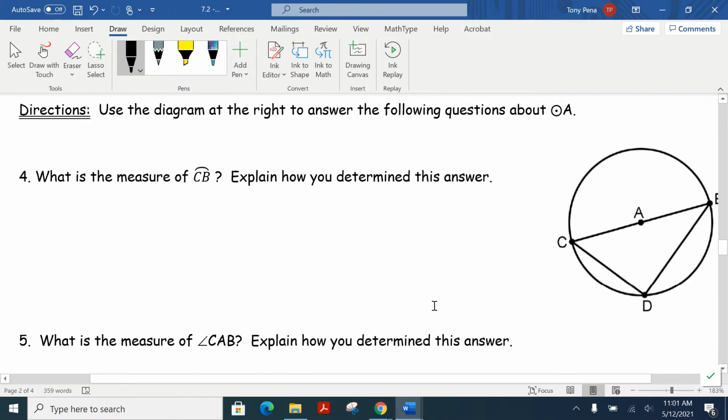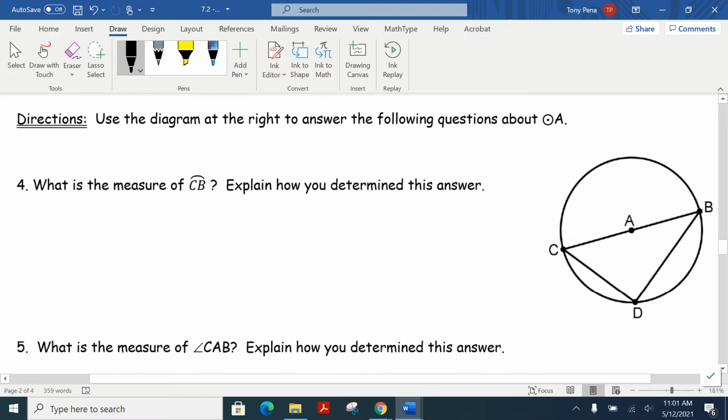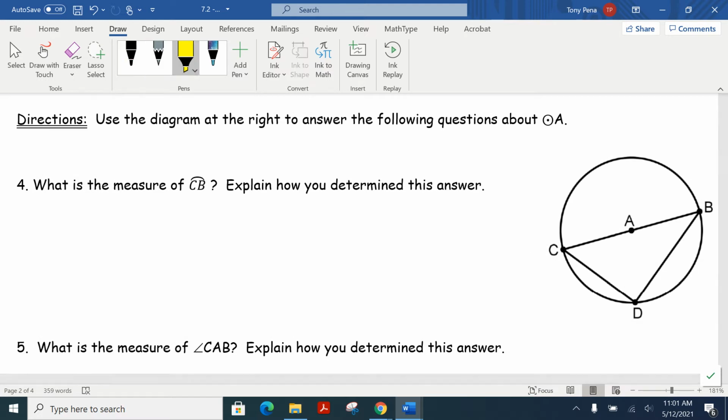The next thing we then want to understand, if we go to this picture here, it says use a diagram at the right to answer questions about circle A. And the first question is, if I find CB, so here is C, here is B, the little symbol over the top is really important. There's a big difference between me putting CB with the arc over the top and then CB with a segment over the top.